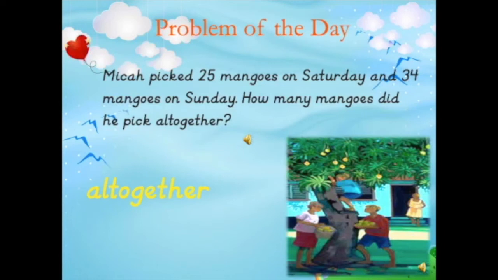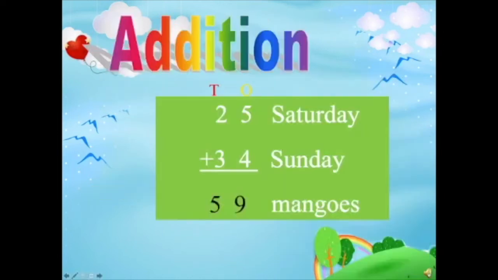Yes, all together tells us we must add. We must add 25 plus 34 because Michael picked 25 mangoes on Saturday and 34 mangoes on Sunday.